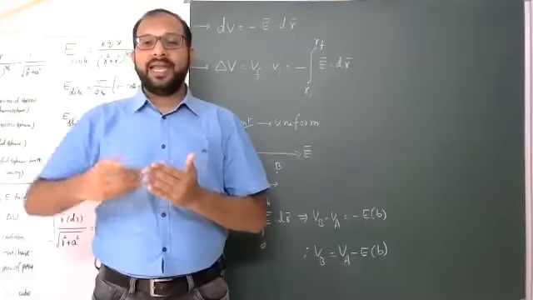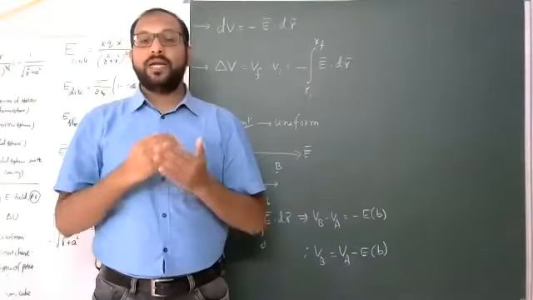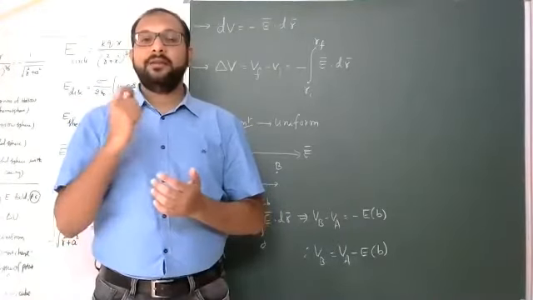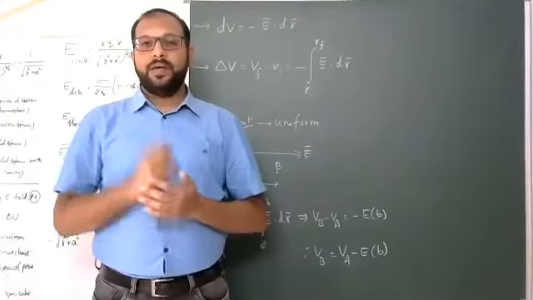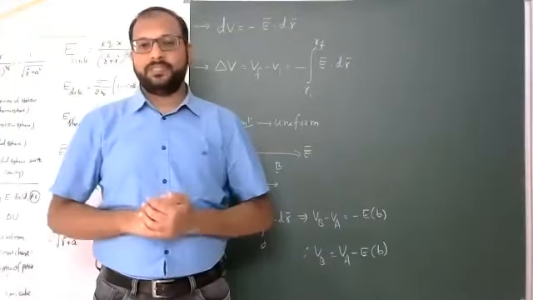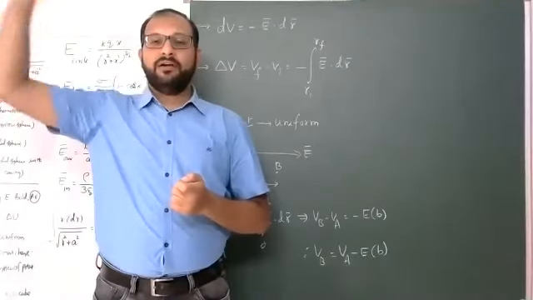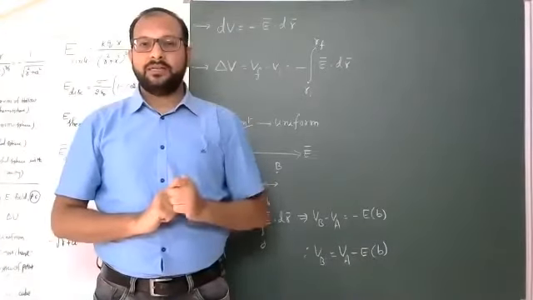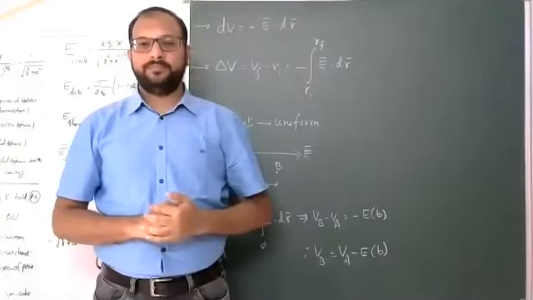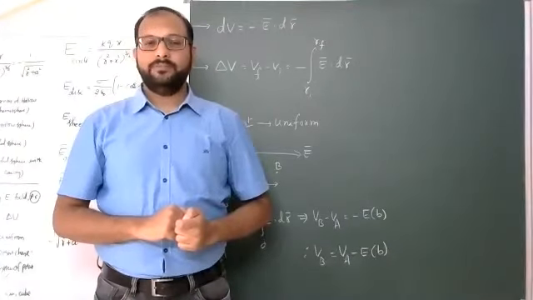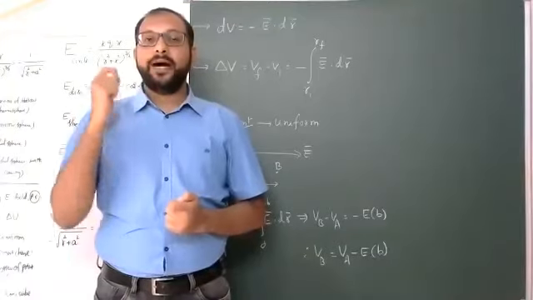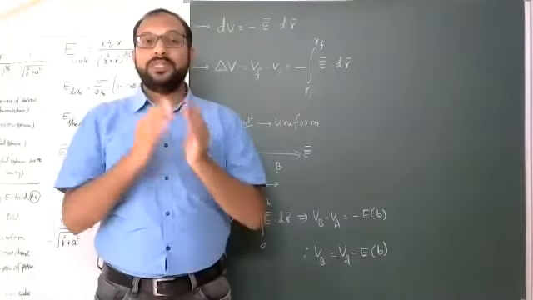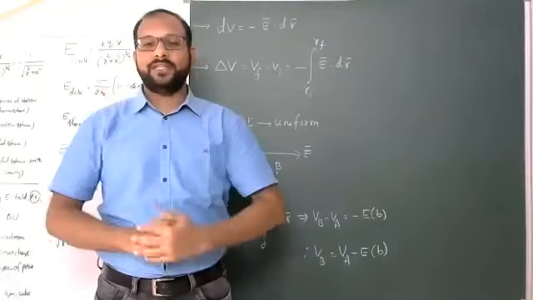The work done by an external agent in bringing a unit positive point charge from somewhere far away, that means from infinity, to the location where you need the potential. Up to that location, how much work you need to do for bringing this point positive charge, that work is defined as the electric potential.